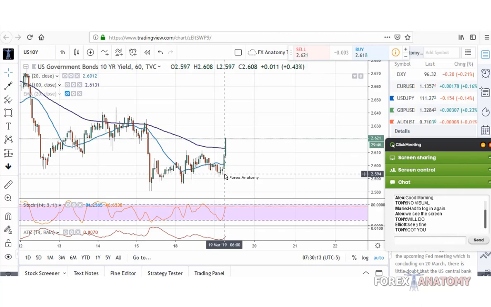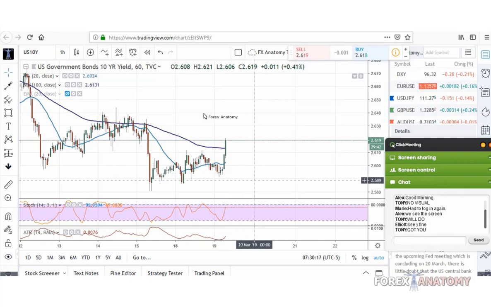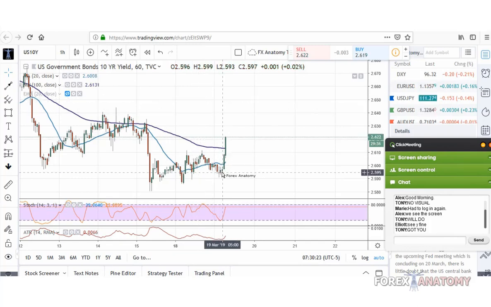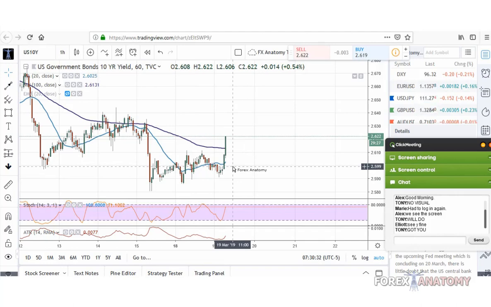It could also be supported not only technically by that ascending trend line support that we saw, but it's also being lifted by what we see in US Treasury yields, that there's some demand there. So then that can help you in trying to figure out, should you go long or should you buy.